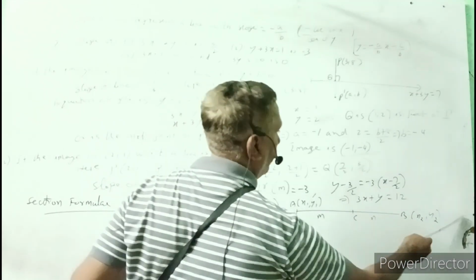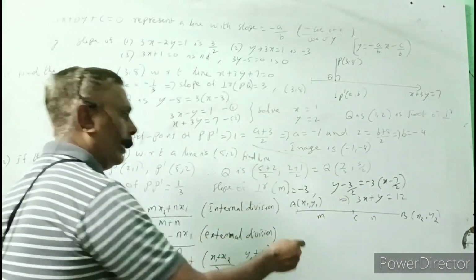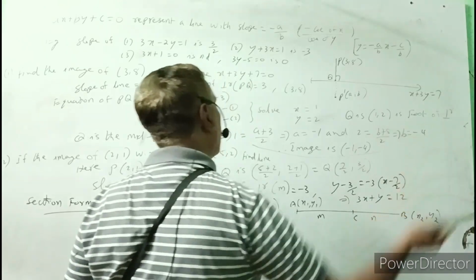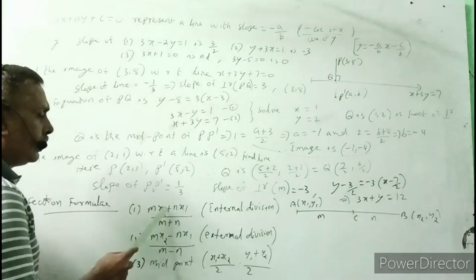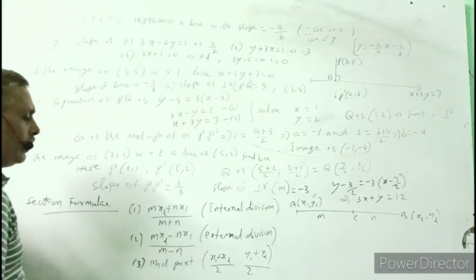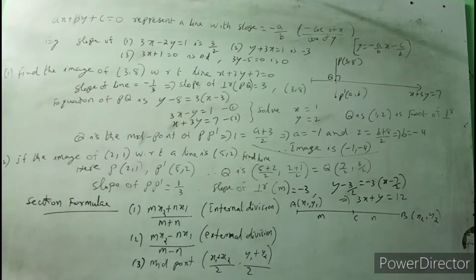External means C is outside AB, here or here. Here C is in between AB; in other cases C is outside AB. Then no changes, the same formula you can use. Instead of plus you write only minus: (mx2 minus nx1) upon (m minus n).